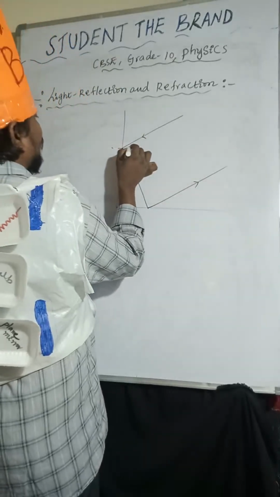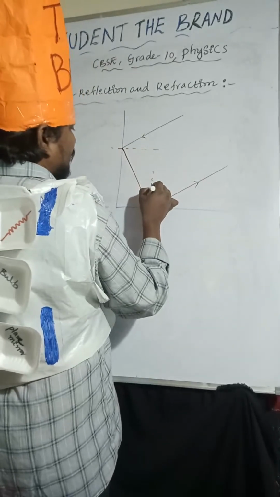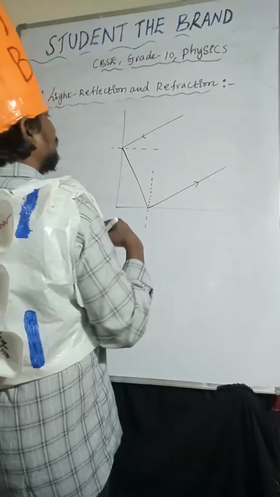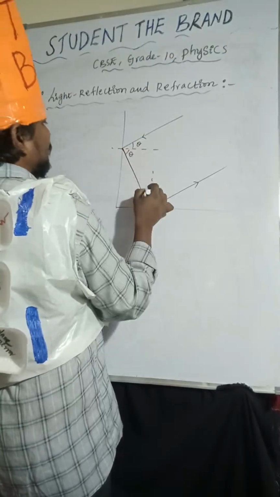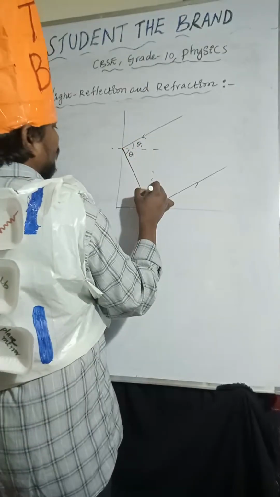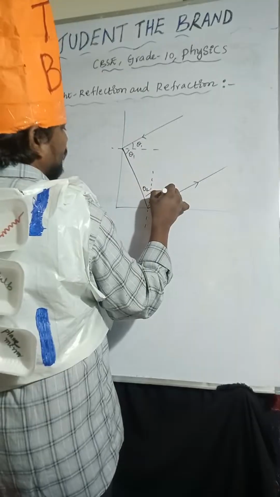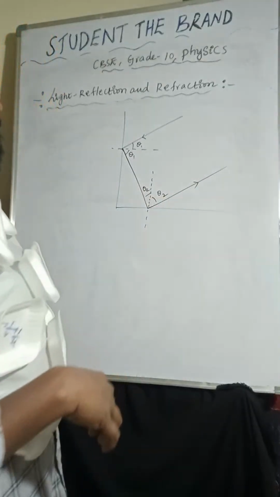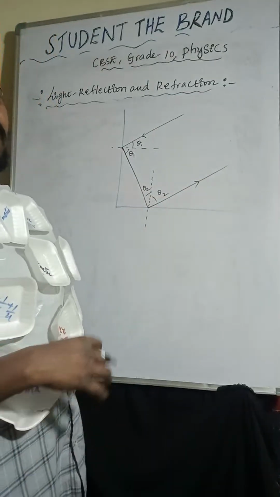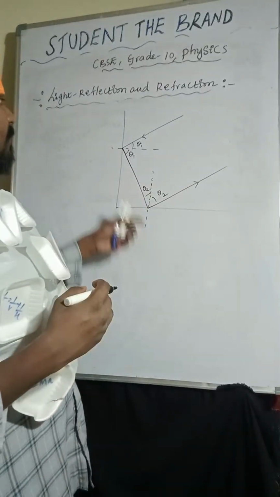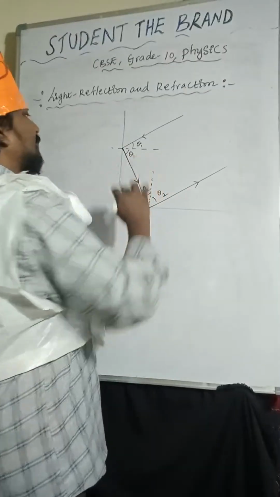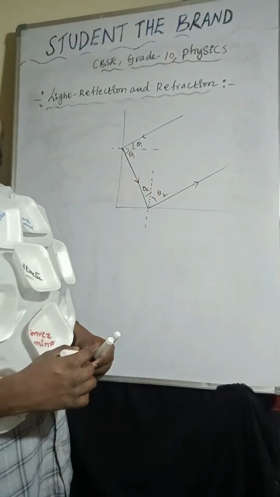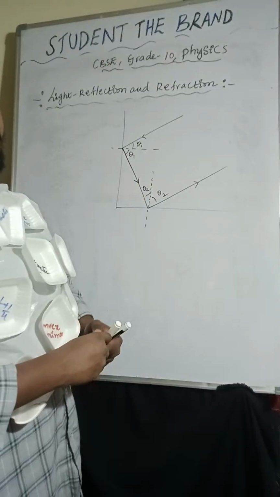This is the normal to the surface. Angle of incidence, angle of reflection: theta 1, theta 1, theta 2, theta 2. In this case only, the incident ray and the emergent ray will be parallel to each other. I hope it is very clear now.